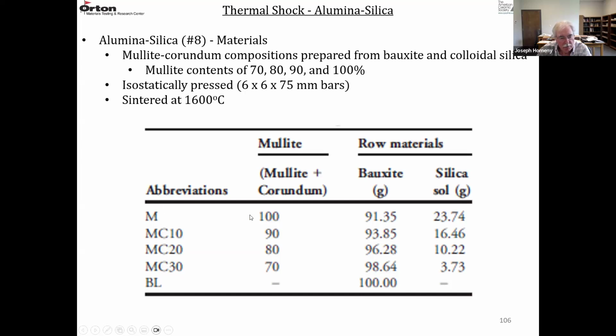So M is 100% mullite. MC10 is 90% mullite and 10% corundum or alumina. MC20 is 80% mullite and 20% corundum. MC30 is 70% mullite. And BL is just bauxite, so that would be 100% corundum.